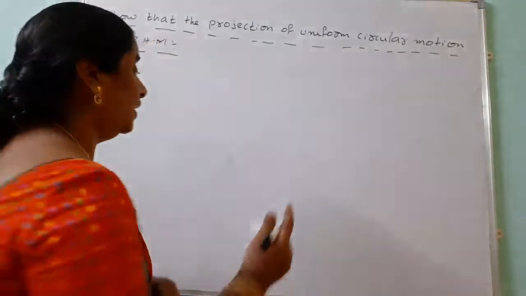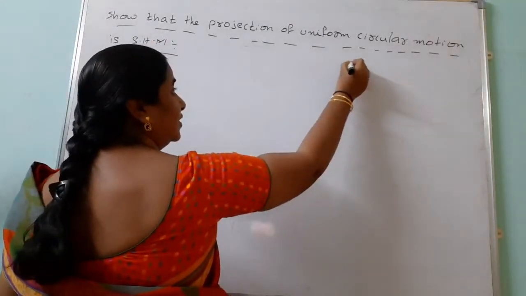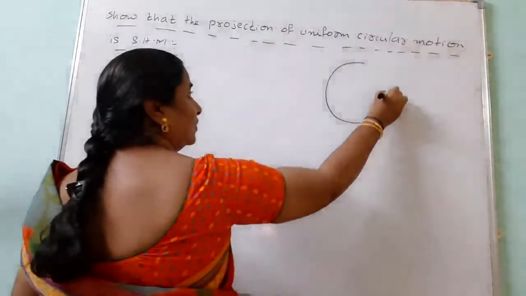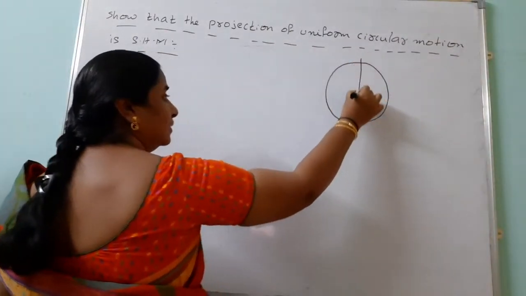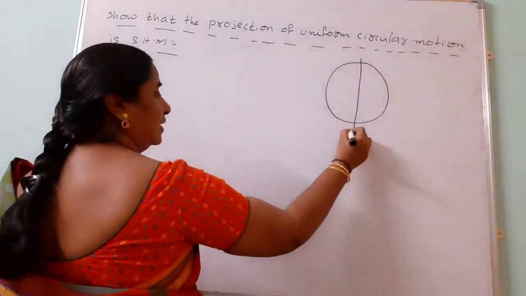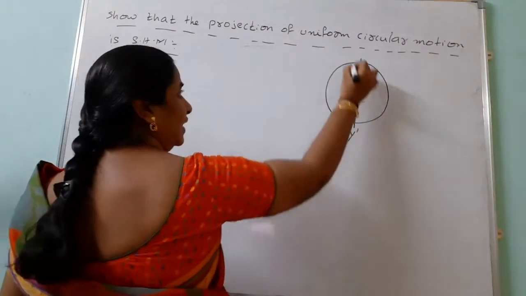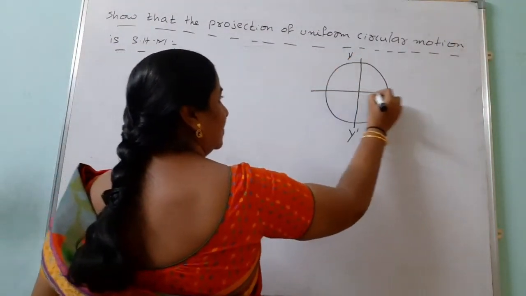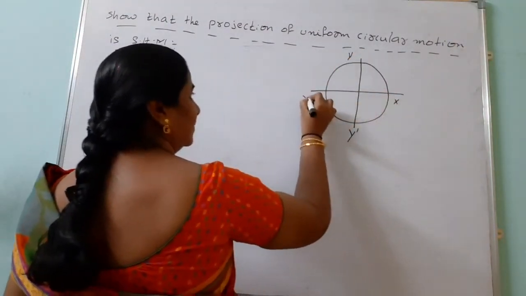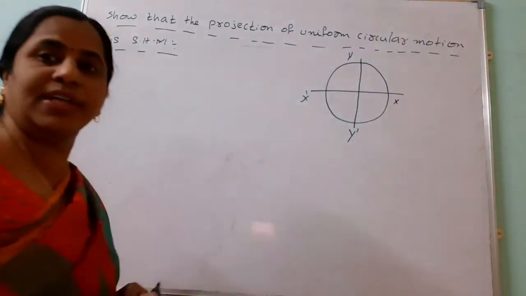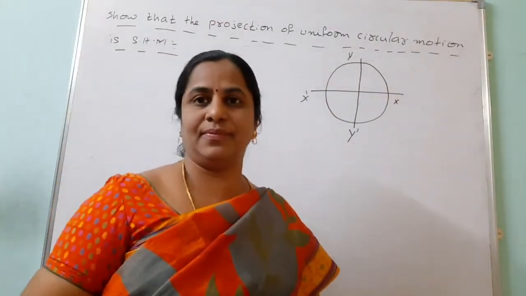For this, since it is circular motion, we should draw one circle and consider two reference diameters: one is y dash y, another one is x dash x. Before that, what is simple harmonic motion?